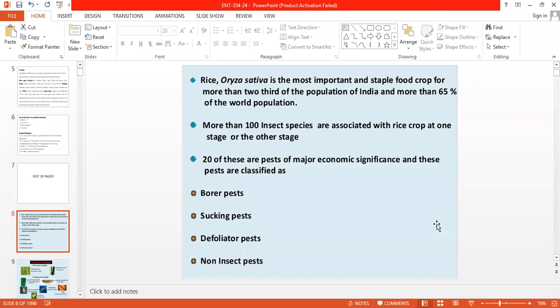More than 100 insects have been recorded on this crop.